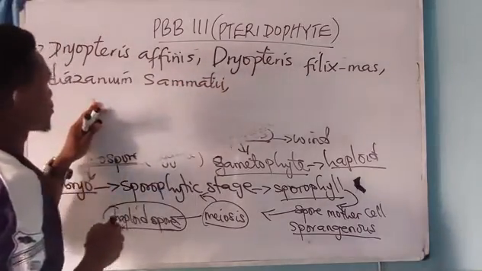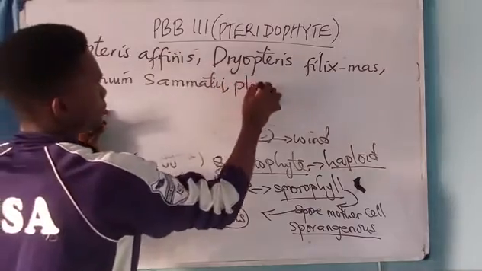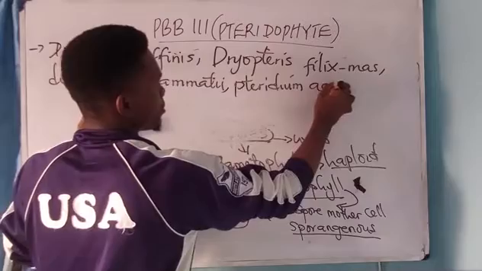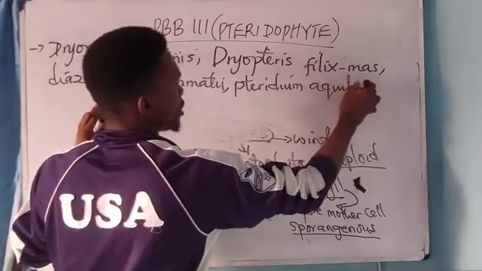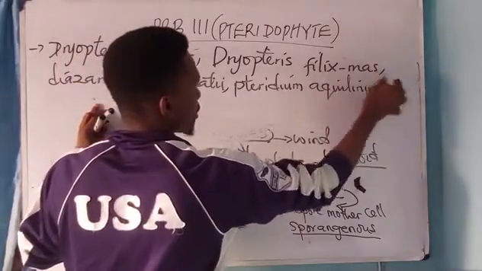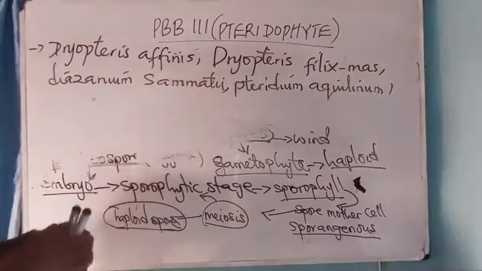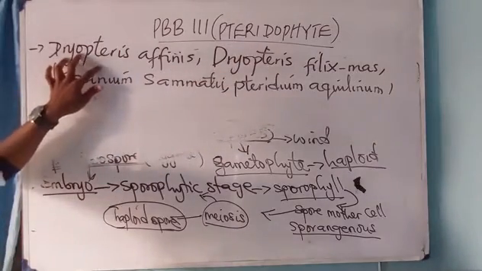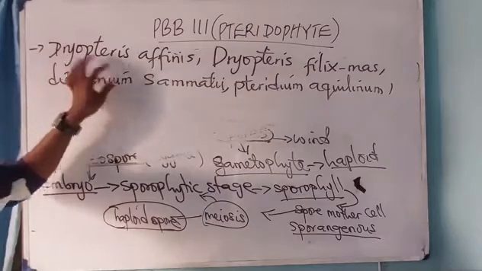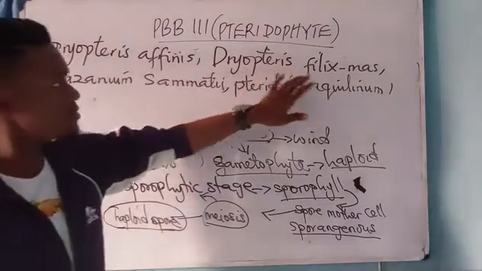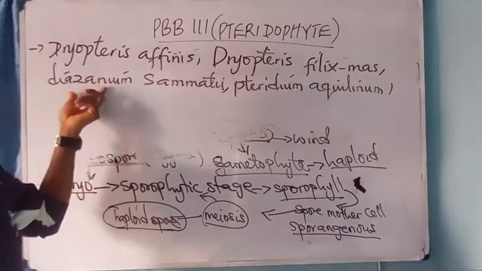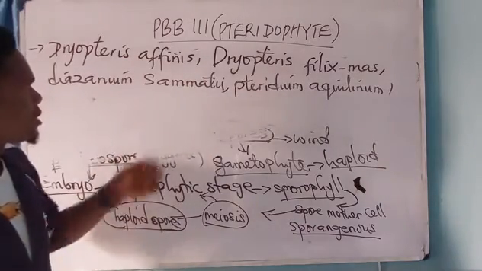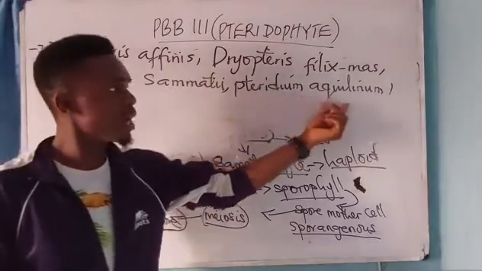Samatai, and you have Pteridium aquilinium. Alright, so these are the species under division Pteridophyte. We have Dryopteris affinis, Dryopteris filix-mas, and Diazanium, then Samatide, then Pteridium aquilinium.